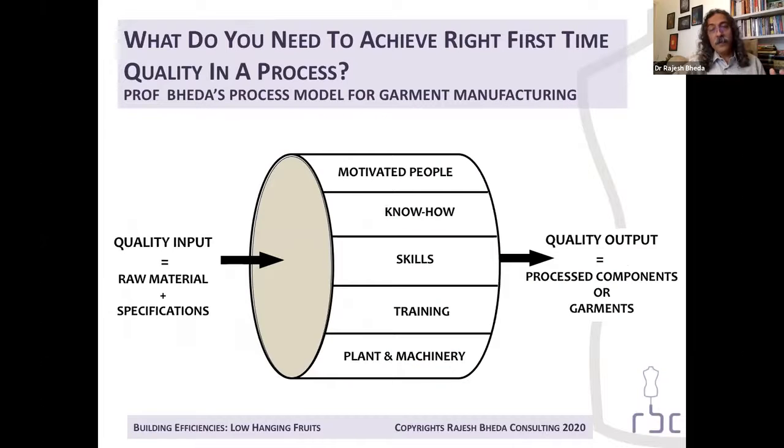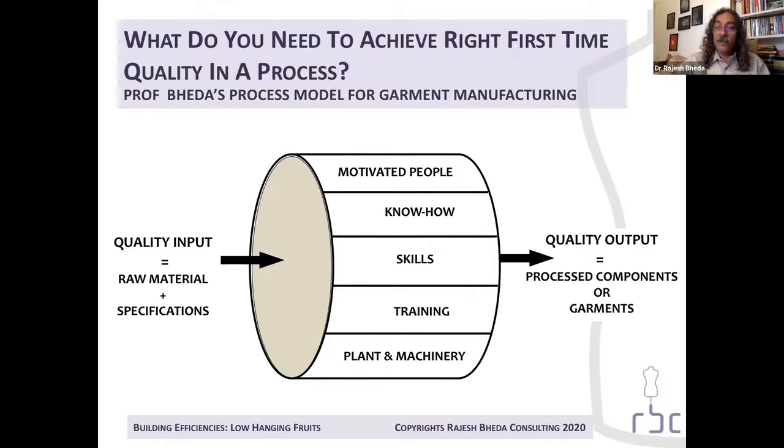Moving further, if you have to look at any process and make it foolproof, then it is important that there are 5 things essential for any process to deliver right first time, which means we must have people who are motivated. Again, going back to that equation initially, there must be know-how. You must have the right kind of skills to be able to carry out that particular process. We must have the ability of training our people within the process.